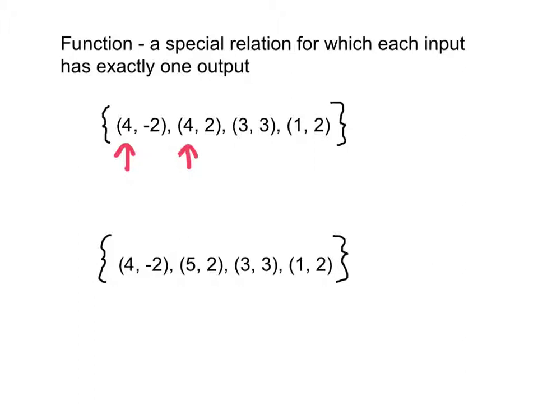Even though the 5 is mapped onto the 2 and the 1 is mapped onto the 2, those are different domain elements mapped onto the same range element. We're allowed to do that and still be a function. The stipulation for being a function is that every domain element maps onto only one range element. And so our second example is definitely a function.